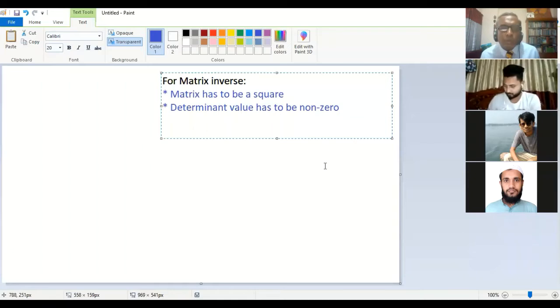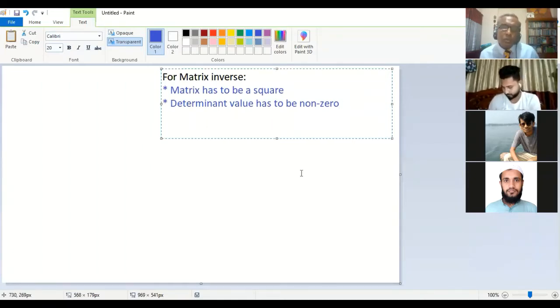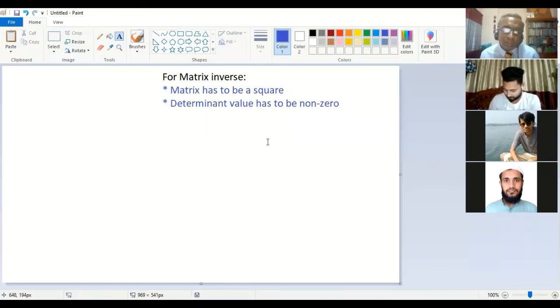I will explain one by one, then you will understand. If you want to find the matrix inverse, you have to check the structure of the matrix. If it is not a square matrix, then inverse is not possible.